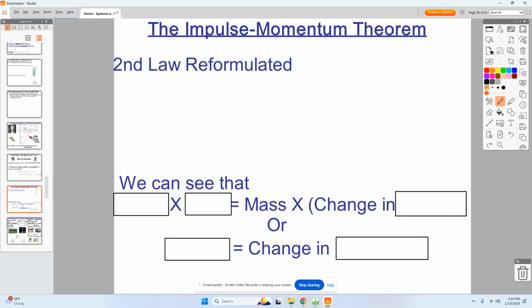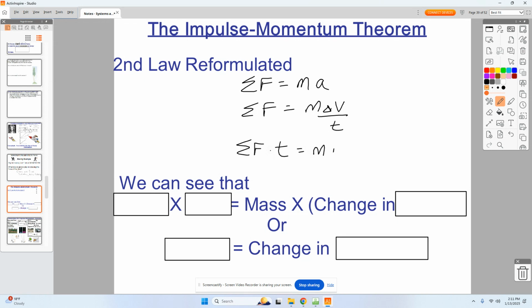Now I'm going to show you that with an equation, reformulating Newton's second law again. This time when I go to write this, I'm going to move that time around to another spot. So F equals m times a, I'm going to write that as F is equal to m delta v over t. Except now what I'm going to do is multiply time by both sides. And I get an equation that looks very similar to the work energy theorem.